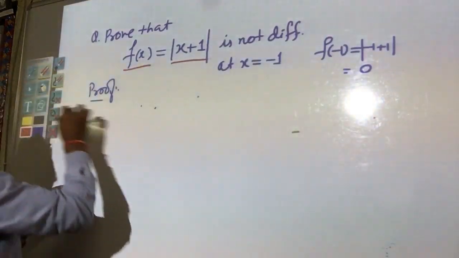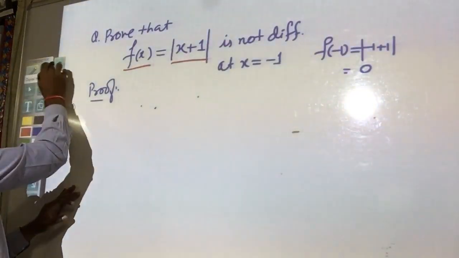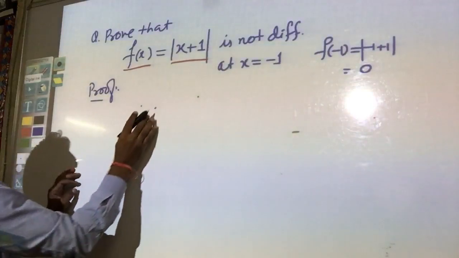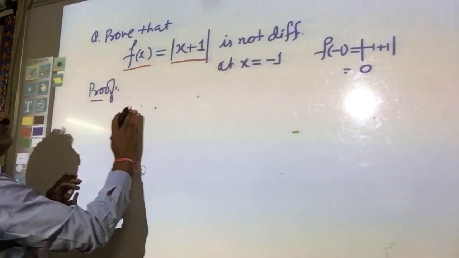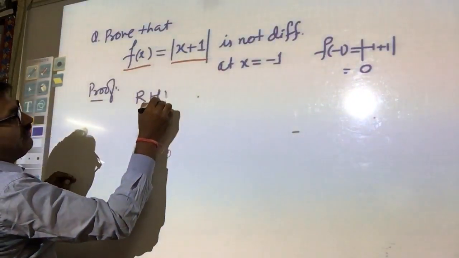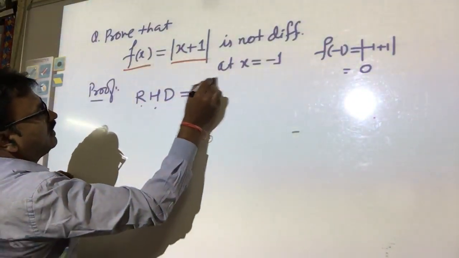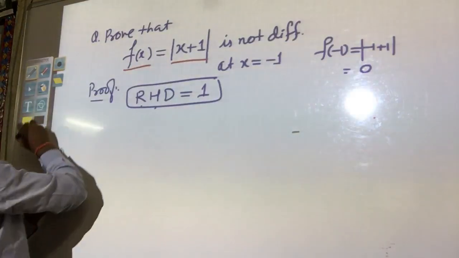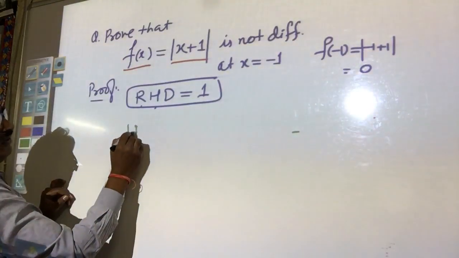Otherwise our marks can be cancelled. We know the answer, but if we cannot write it, then we will not get total marks. So students, the right hand derivative we have seen is plus 1. Now we will check the left hand derivative.